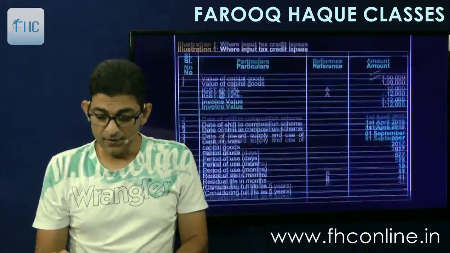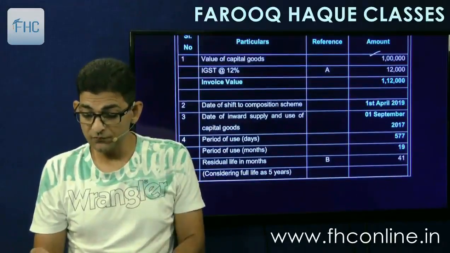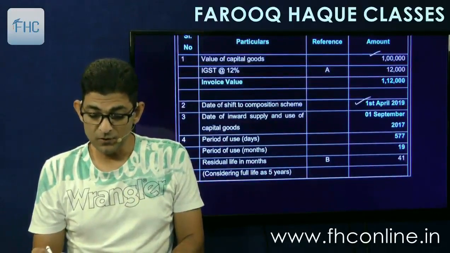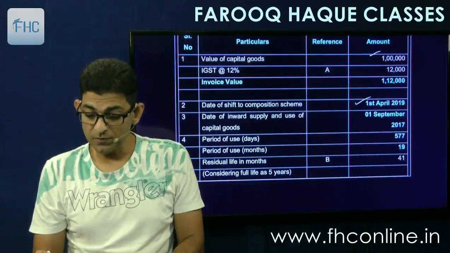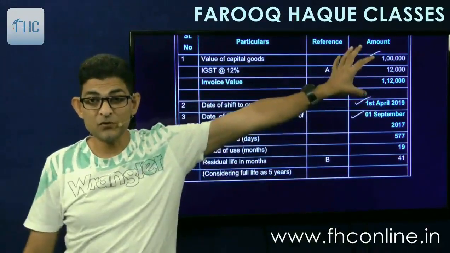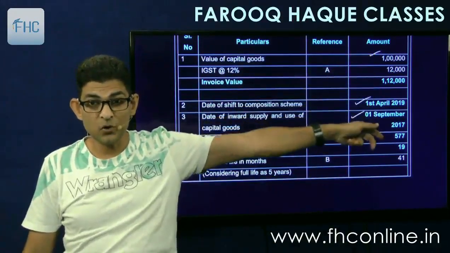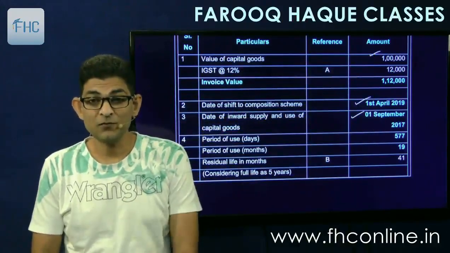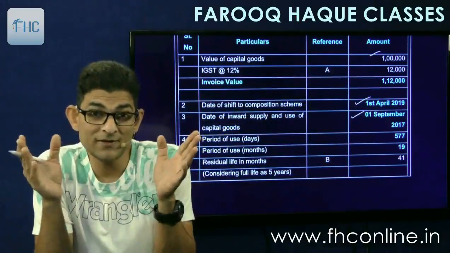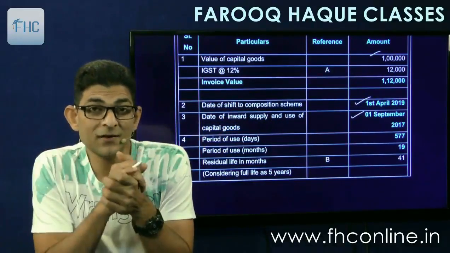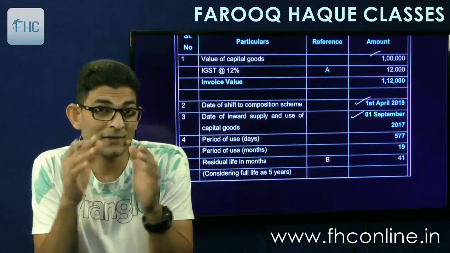Date of shift to composition scheme 1st April 2019. Date of inward supply of use of capital goods 1st September 17. So this capital goods was acquired on 1st September 17. So what you have to do is calculate the months of use already used and the balance.